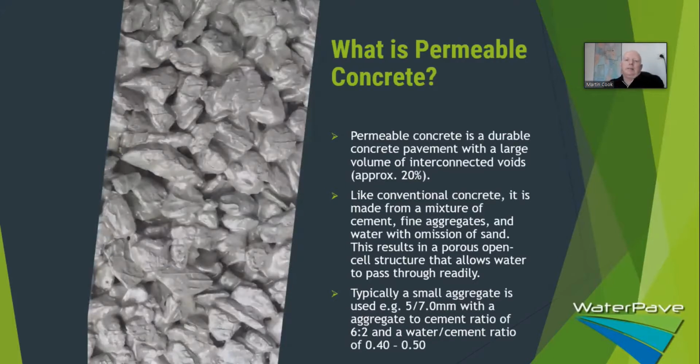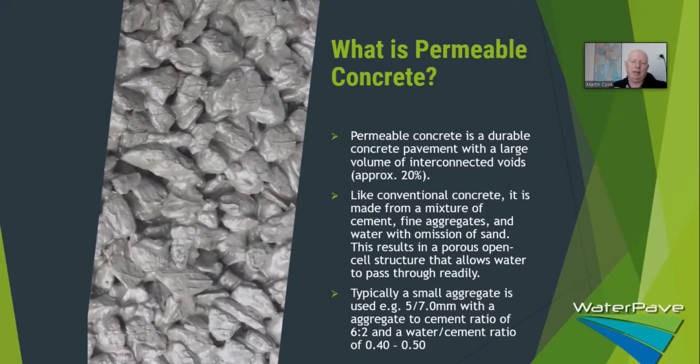So now we get to permeable concrete. As you can see by that photo, the paste content is covering the whole rock, and you're getting some nice bridging of the paste. That's what really gives the strength to permeable concrete. Permeable concrete is a durable concrete pavement with a large volume of interconnected voids, approximately 20% void ratio.